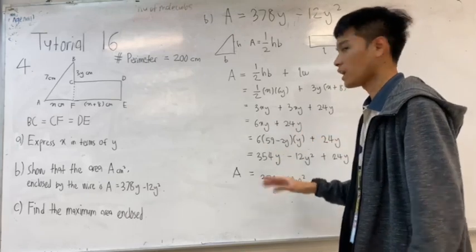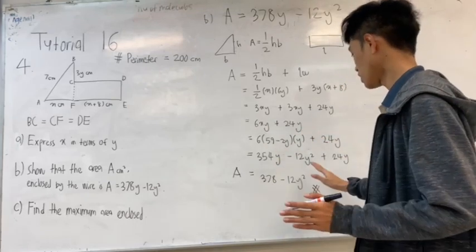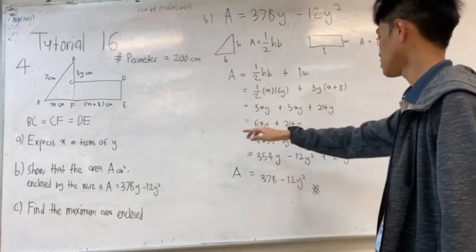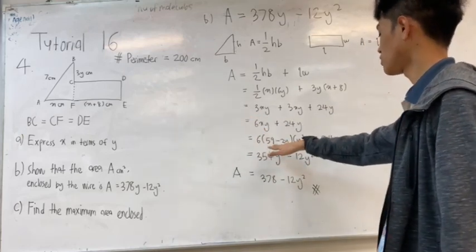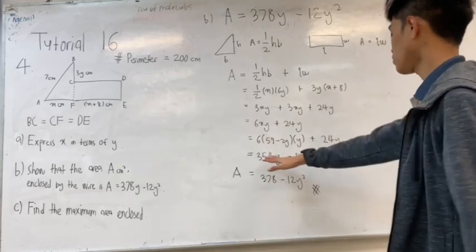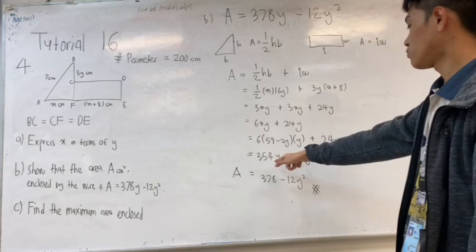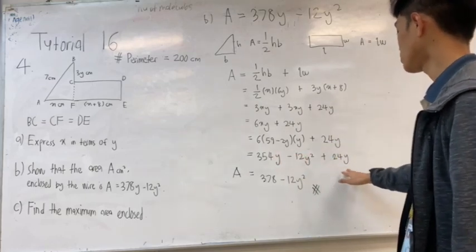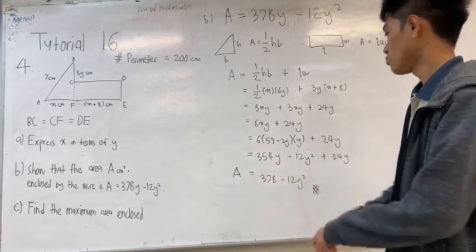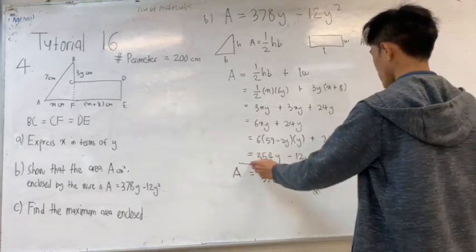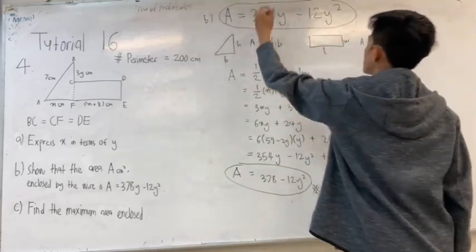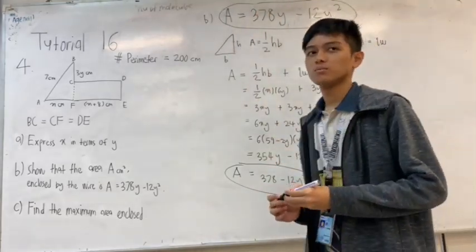And then the x from earlier, which is 59 minus 2y, from question A, because we expressed x in terms of y, so we have the x. So substitute the value into the formula, simplify it again, and 354y plus 24y, we will get 378y. This is already simplified, so we have proven that the equation is the same as in the question. So that is all for question B.